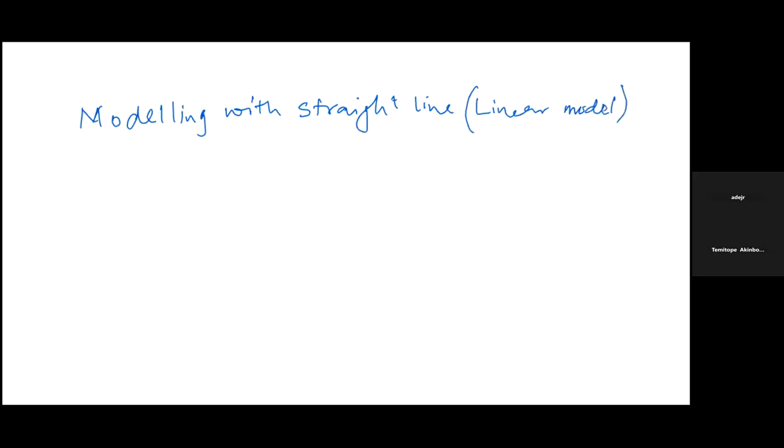Modeling with straight line, or you say linear model. So what do you mean by modeling? Or what do you mean by mathematical model? Do you have an idea of what it is?